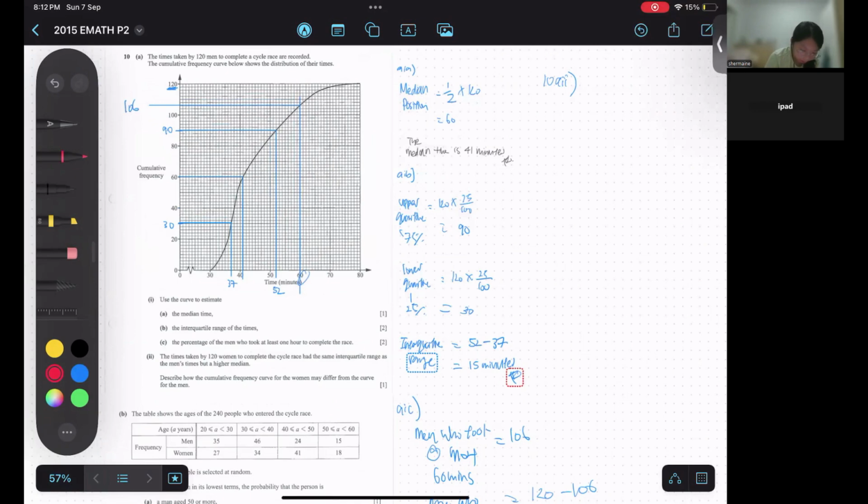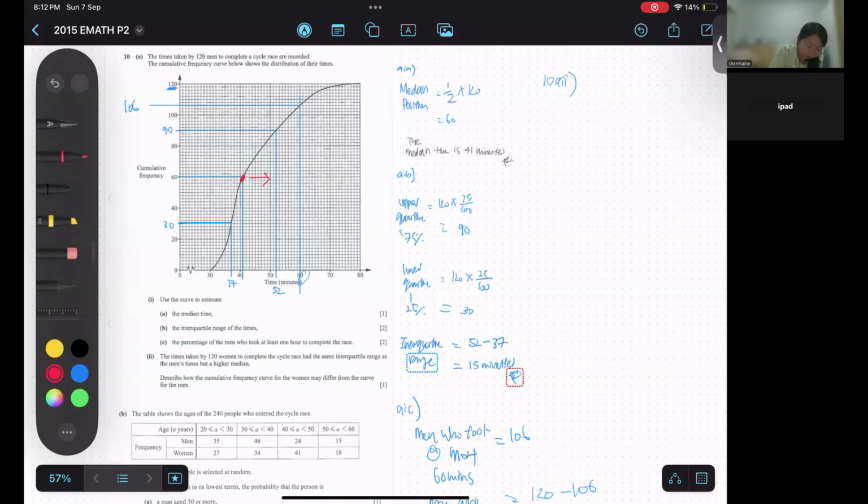Okay, so over here the median time is 41 minutes, which is the median for men. So they're saying the interquartile range remains the same for the women, but it's a higher median. So we can imagine this curve shifting this direction.